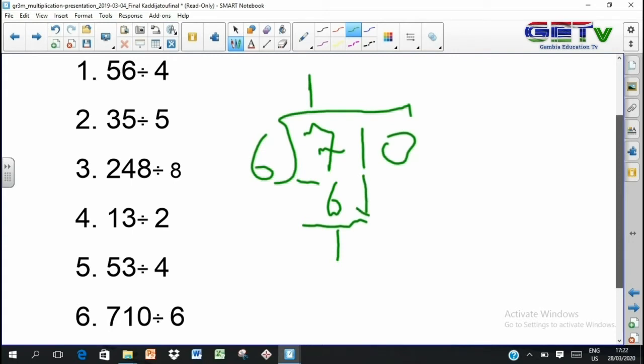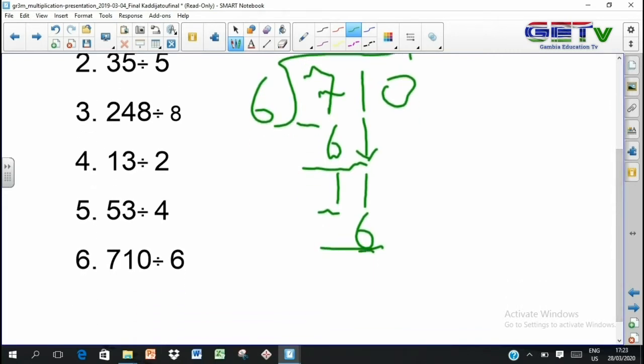Let's bring this other one down. 11 divided by 6. That simply means how many 6s are in 11? And that is only 1. 1 times 6 is 6. 11 minus 6, we have 5.